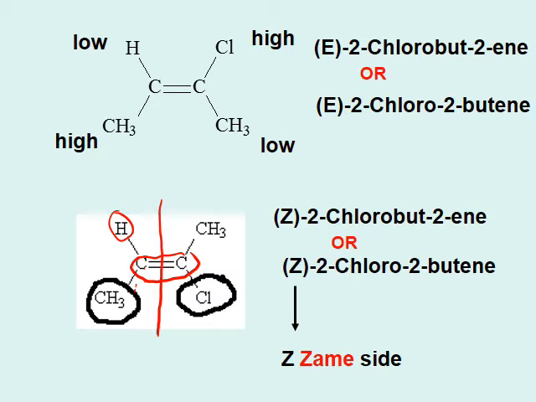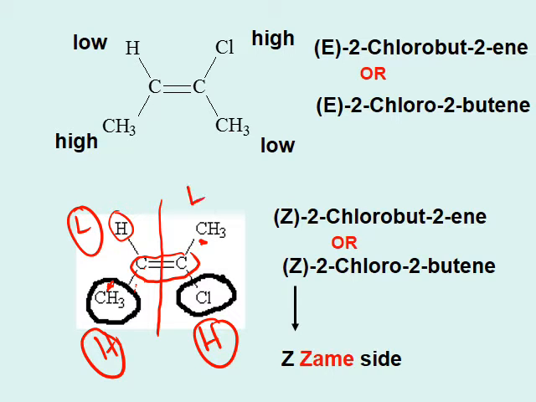Carbon has a higher atomic number than hydrogen, so it gets a higher priority. I'll write H for higher priority, and since I have hydrogen, it gets the lower priority, so I'll write L. On the right-hand side of this carbon-carbon double bond, we have Cl with higher atomic number, so I'd call it H for high priority. And CH3, again, the bonding is through carbon. Carbon has the lower atomic number, so it gets a lower priority.